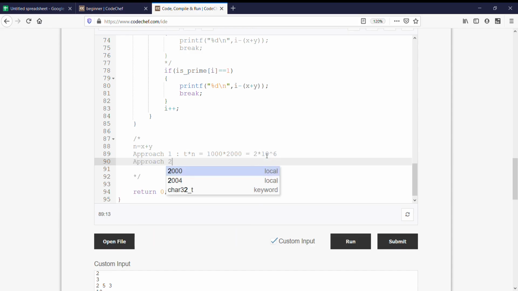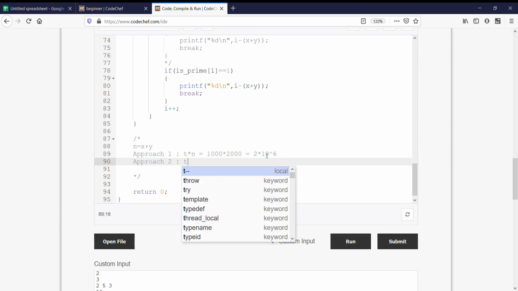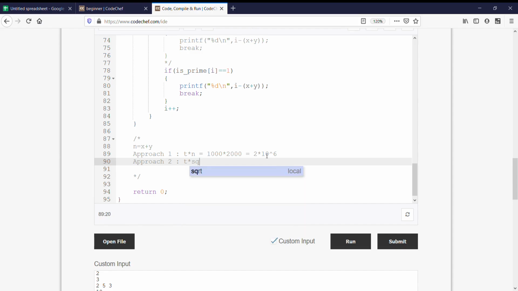In approach 2, we changed from n to square root of n, right? So it becomes 1000 into square root of 2000, which is approximately 44,000.